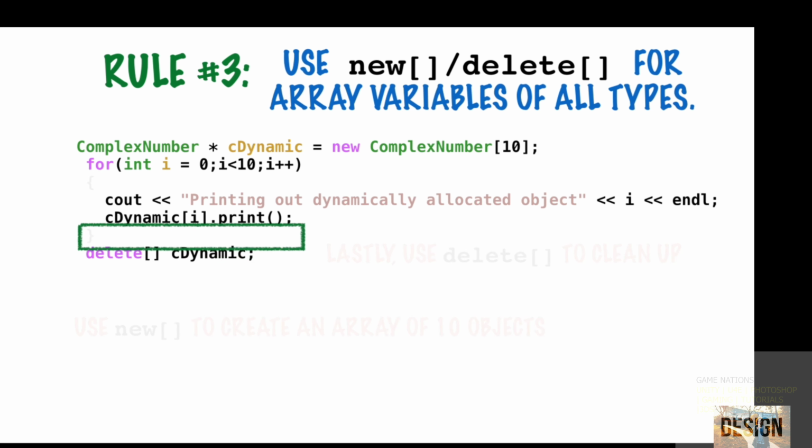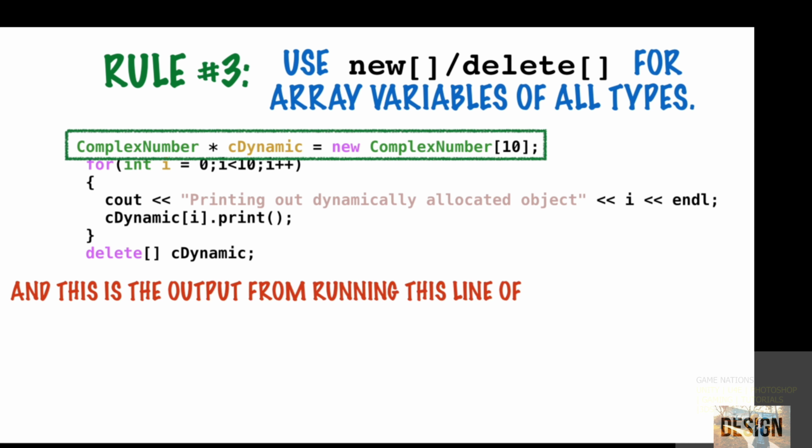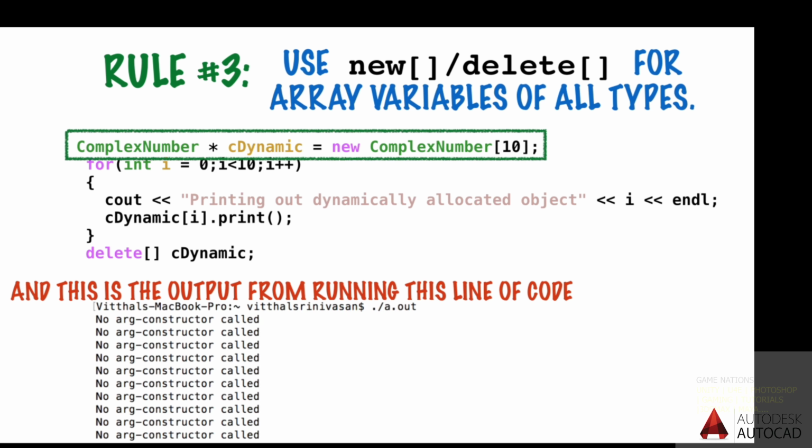What do you get when you run this bit of code? What's printed onto screen? Notice that we instantiate and allocate memory for 10 complex number objects, which means when we run this code, this is the output that we get. Remember that each time we construct an object of type complex number, we print this message to screen.